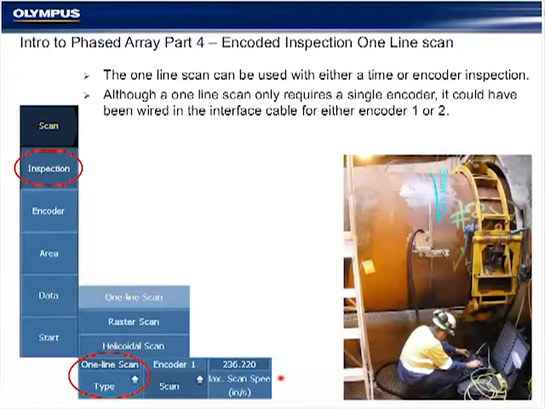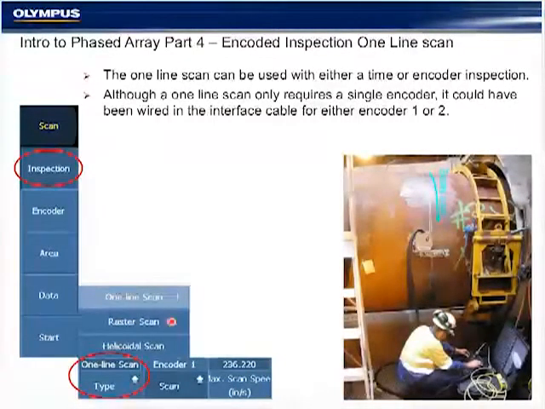What that means is the pulser can pulse fast enough so that when the scanner moves, no data point is missed. If the scanner were to move faster than the maximum speed, you would see black lines in the data. And again, a one-line scan would use one encoder in one axis.